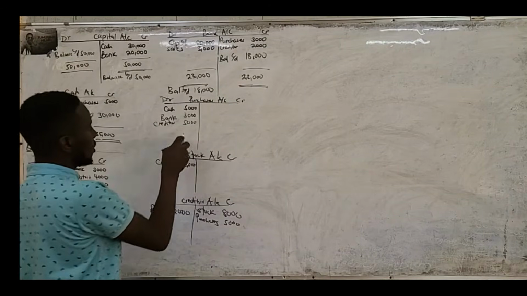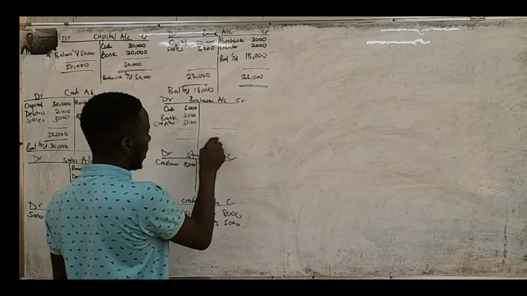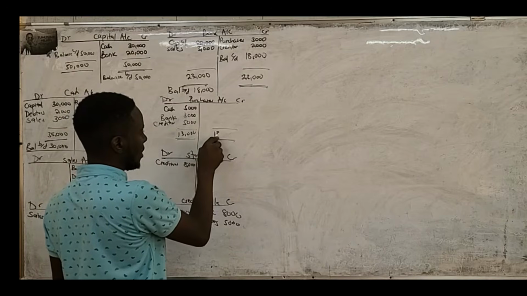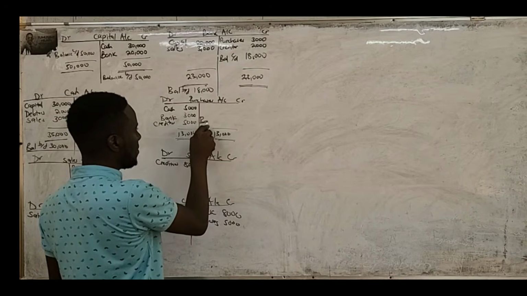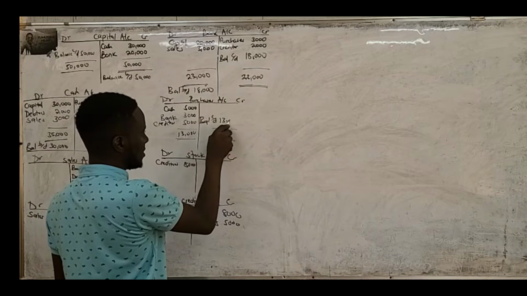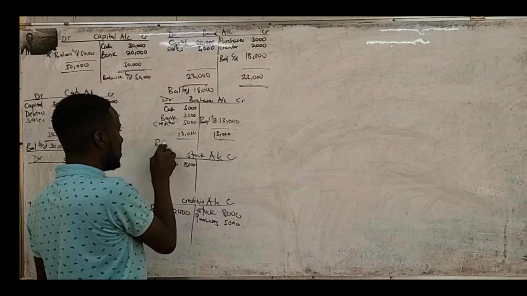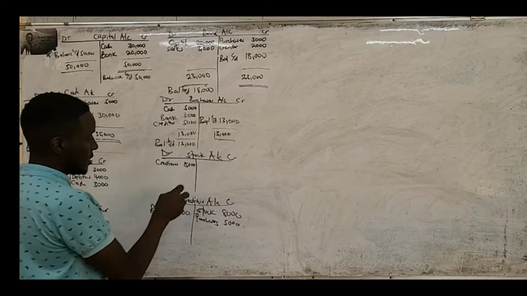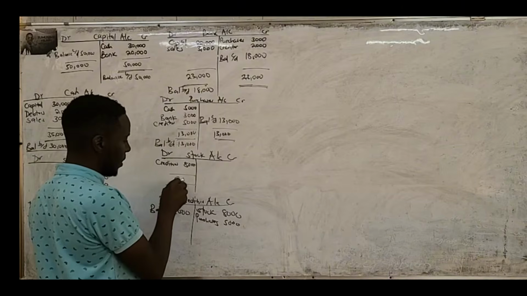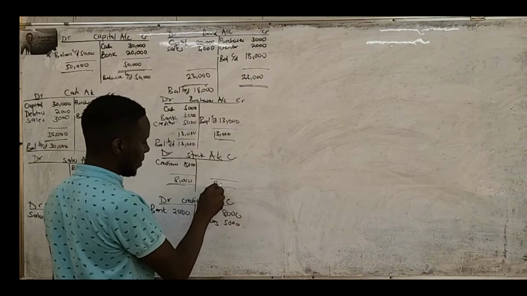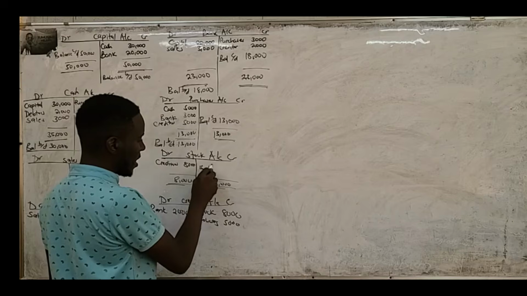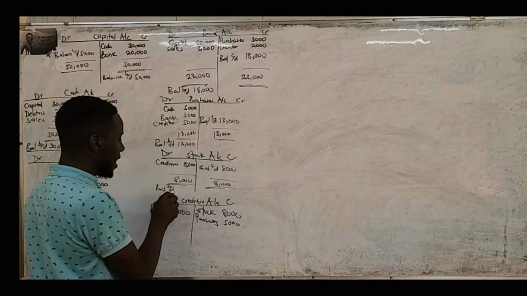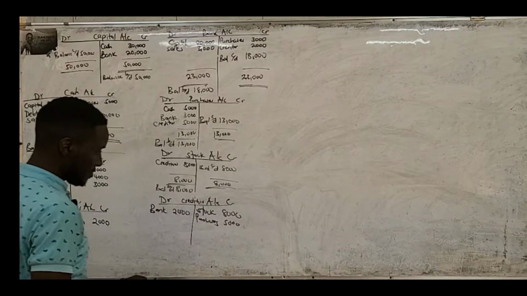Then when you come here, of course now this is 13,000, and here we shall have 13. Therefore our balance carried down is 13,000, and our balance brought down is 13,000. The same applies here. Our balance carried down will be 8,000, and our balance brought down is 8,000.